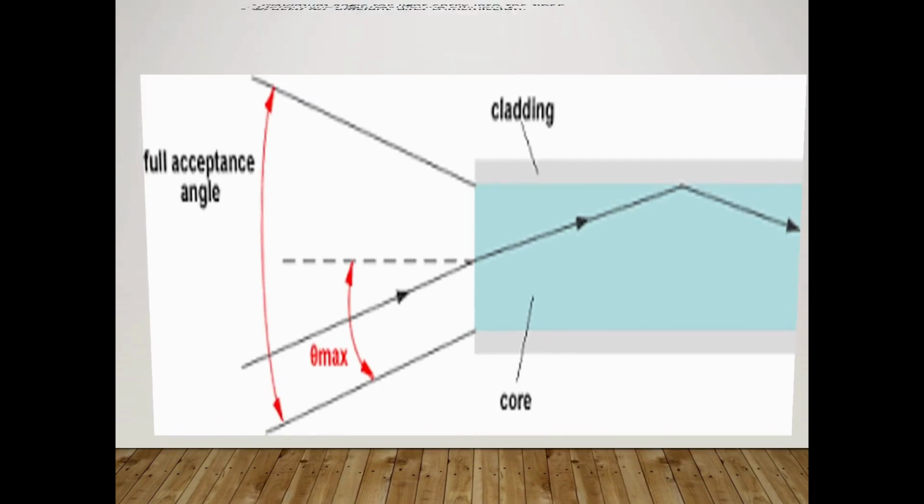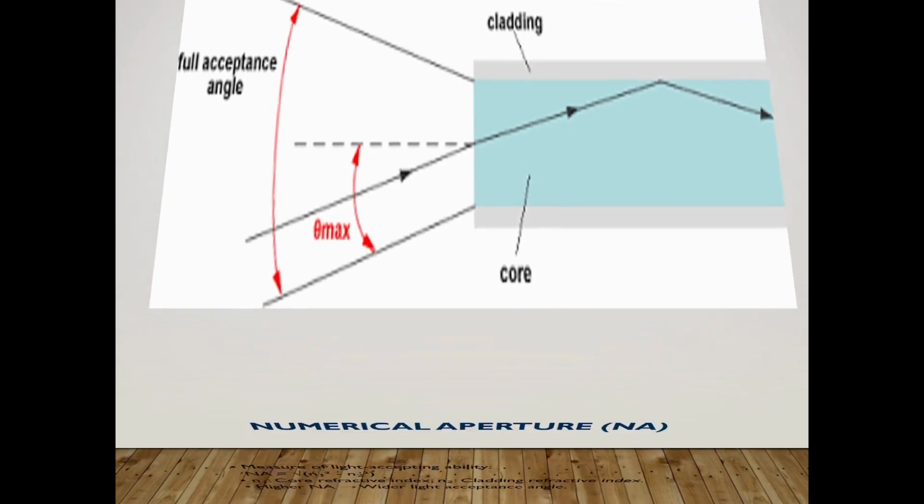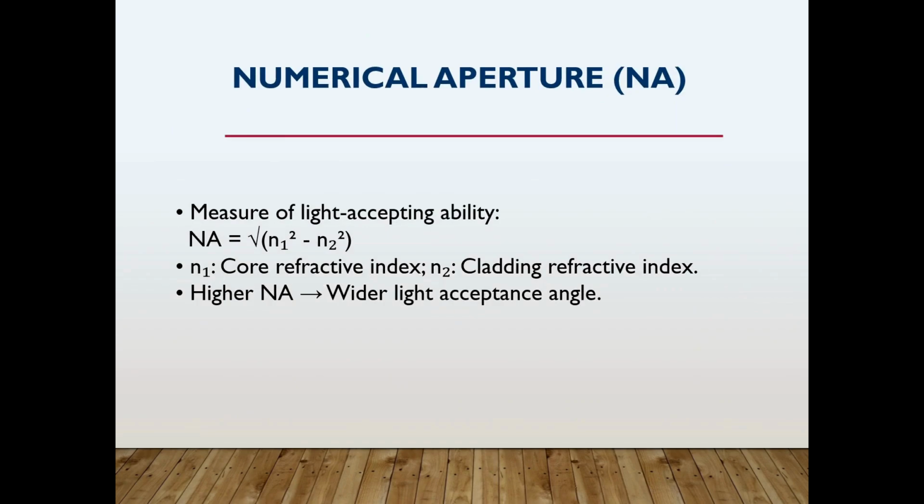The second property is numerical aperture, also called NA. It is a measure of the light accepting ability of an optical fiber. The numerical aperture basically quantifies the fiber's light gathering ability.